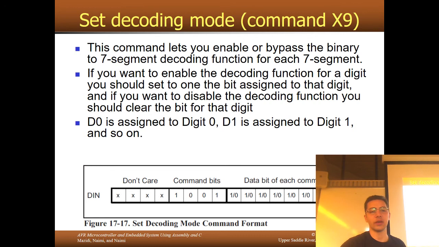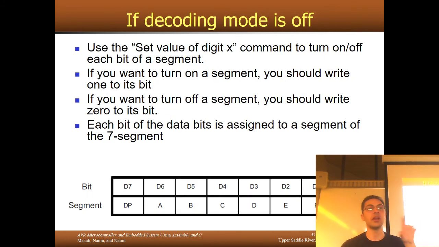Here's the decoding. Decoding can be done on a digit by digit basis. Either you can use their built-in code B font, which means that if you put a 0 in, it'll display the character 0. Or you can manually control each bit of the segments. If you choose not to use decoding mode, which you might want to do, you can set it up like this.